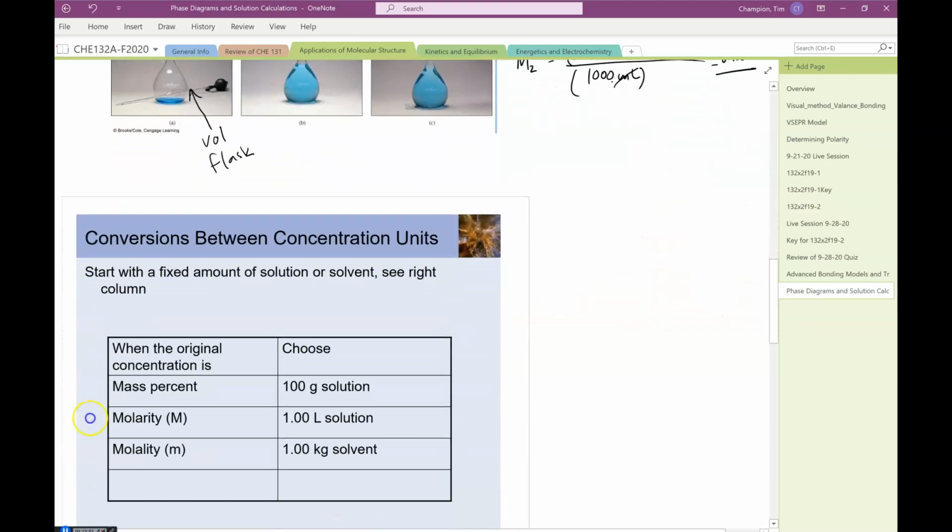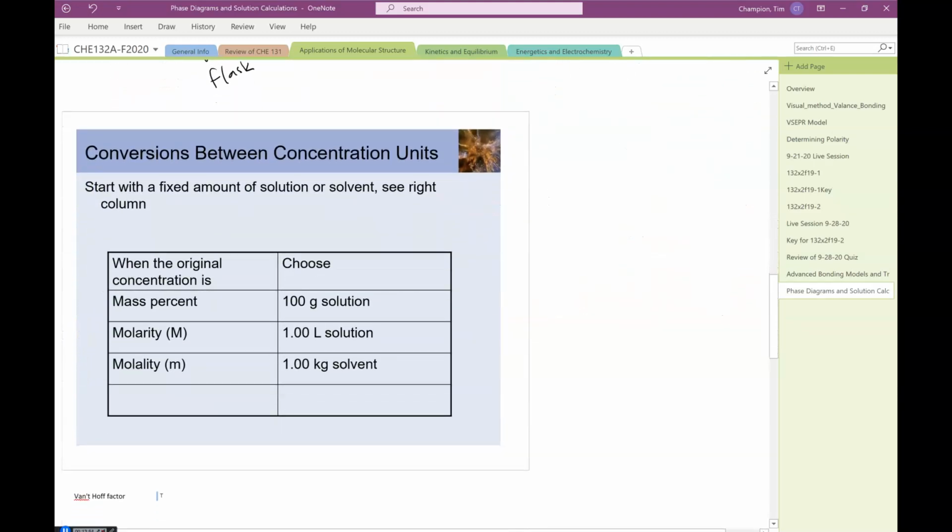If you're having to do problems where you convert from one solution to another, this table is a handy thing to let you think about how to do that. You know, if you're starting off with mass percent and going towards something else, like say parts per million or molarity or molality, you would assume initially that, say, maybe you got 100 grams of solution, and you can go forward from there.